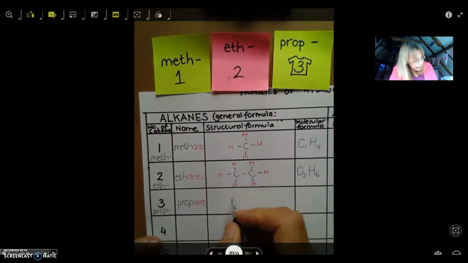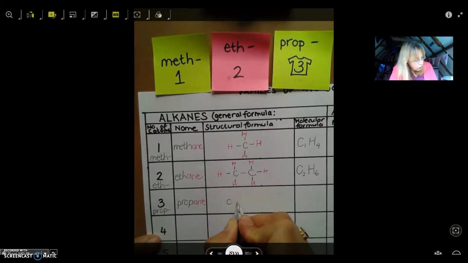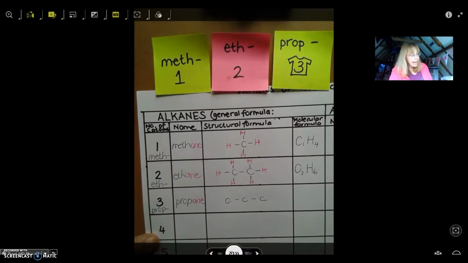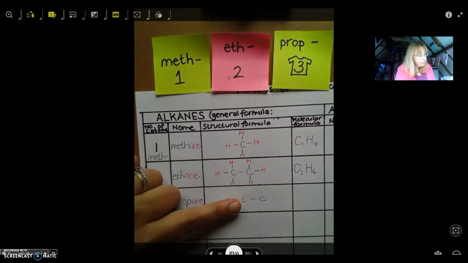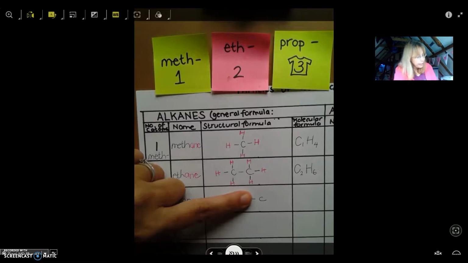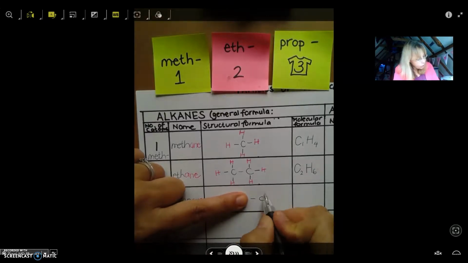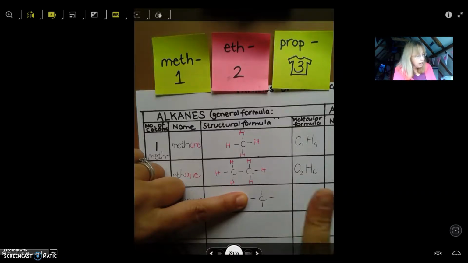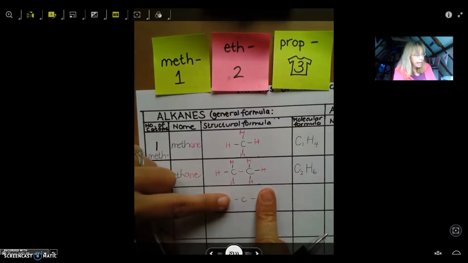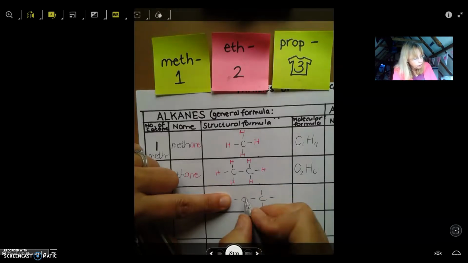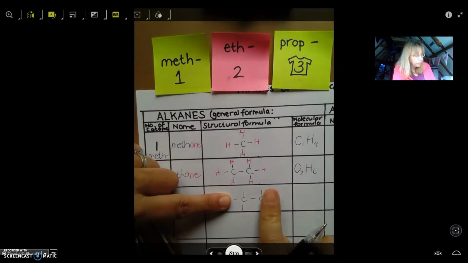So we're going to have 3 carbon atoms. Now each carbon atom must have 4 bonds, so I cover that up. That's already got 1, so I'm going to add on 2, 3 and 4. Now look at what I do now. I cover this carbon and I expose the next carbon. This carbon has in fact already got 2 bonds, so I only need to add on 3 and 4.